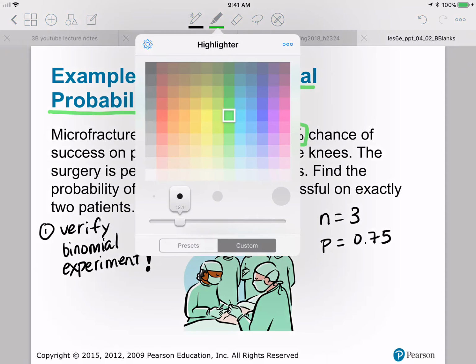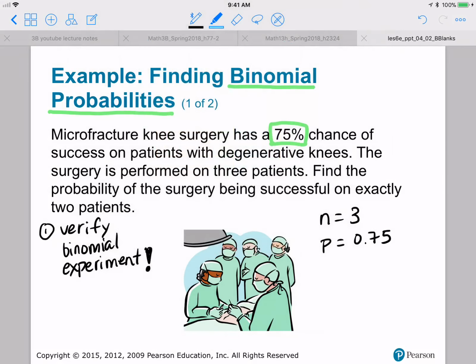Now, what we're being asked to do is pretty specific. We're being asked to find the probability of the surgery being successful on exactly 2 patients. So what we want is, and this is the second step, after you've identified that your experiment is a binomial experiment, write down what you want to find.